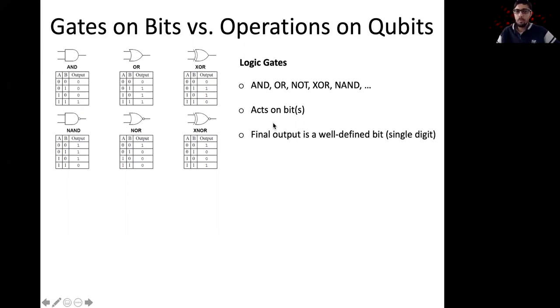And then there are Boolean tables, well-defined, and then you get the outputs, right? But the key thing here is that since your inputs to these gates are deterministic values, either 0 or 1, your output of the gates is also deterministic. It will be either a well-defined 0 output or a well-defined 1.